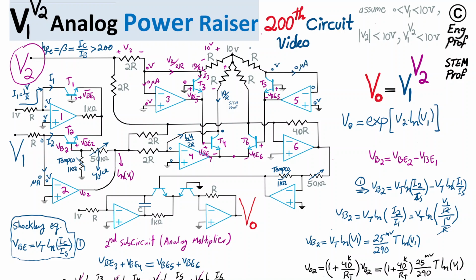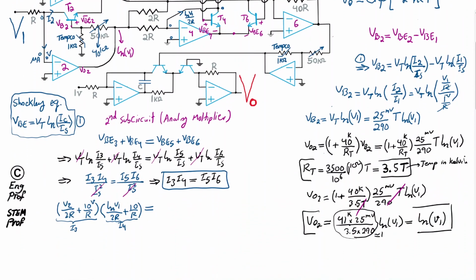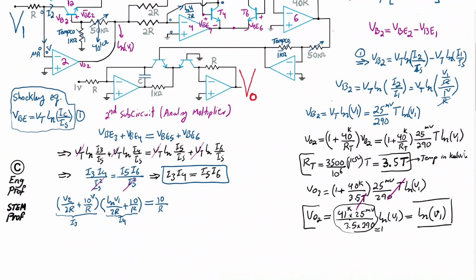So we have effectively a voltage drop of 10 volt across this resistor. So this current is just 10 volt divided by R. So for I5 I write 10 divided by R, times I6. So this one here is just I5.